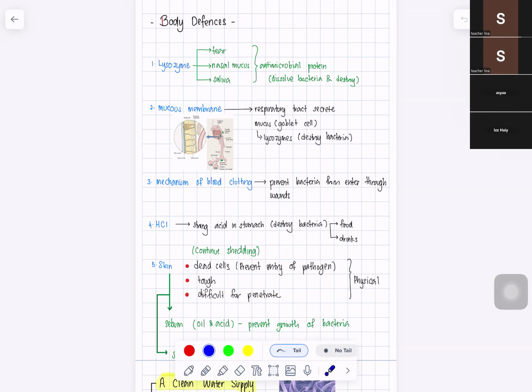HCl means what? Hydrochloric acid. Okay, can you explain to me the function of hydrochloric acid? Strong acid in the stomach, which destroys bacteria from food and drinks. Okay, destroys the bacteria from the food and drink. Okay, all right, go jot down.